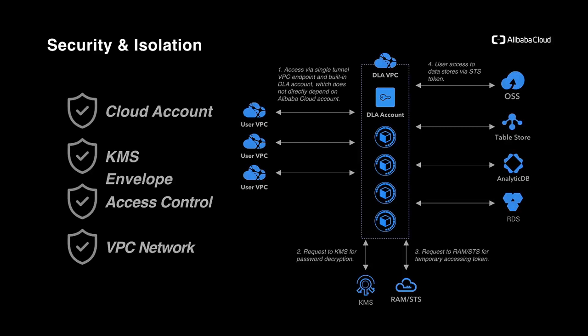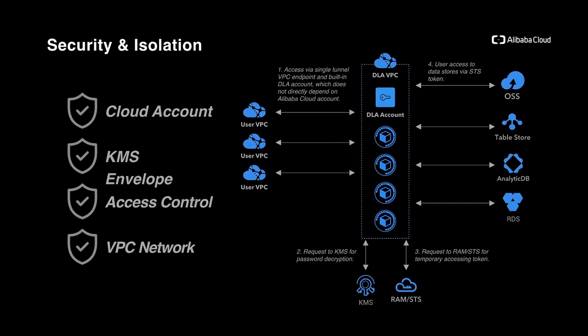Security is always the top priority that users are concerned about on a cloud platform. DLA puts security as the top priority during the whole product design and implementation procedure. Users rely on the cloud account to manage their DLA services, including JDBC or ODBC endpoints, and the DLA account. The DLA account is the product's own account system, which is decoupled from the Alibaba Cloud account for more secure and flexible reasons.